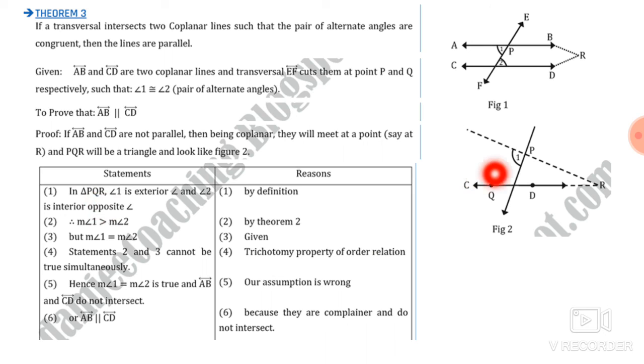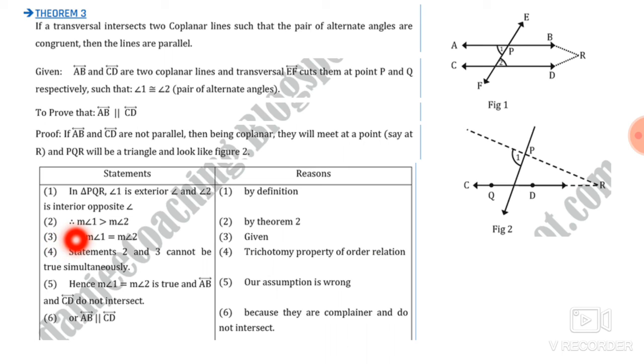Angle number 2 is its interior opposite angle. In triangle PQR, angle number 1 is the exterior angle and angle number 2 is the interior opposite angle by definition.